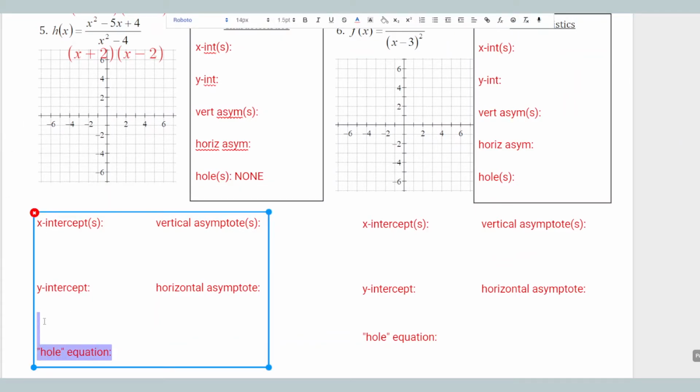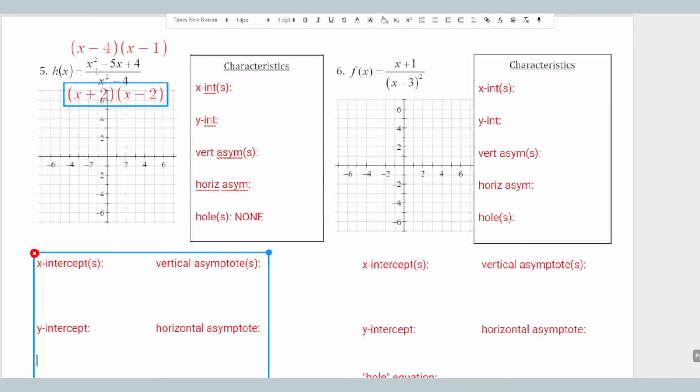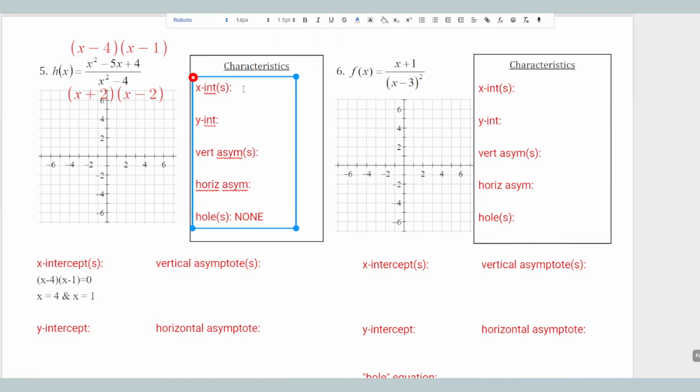Let's go ahead and locate our x-intercepts, which are going to be where x minus 4 is 0 and x minus 1 is 0. So we do get 2 x-intercepts. So x equals 4 and x equals 1. So the 2 x-intercepts here are going to be at 4 comma 0 and 1 comma 0.